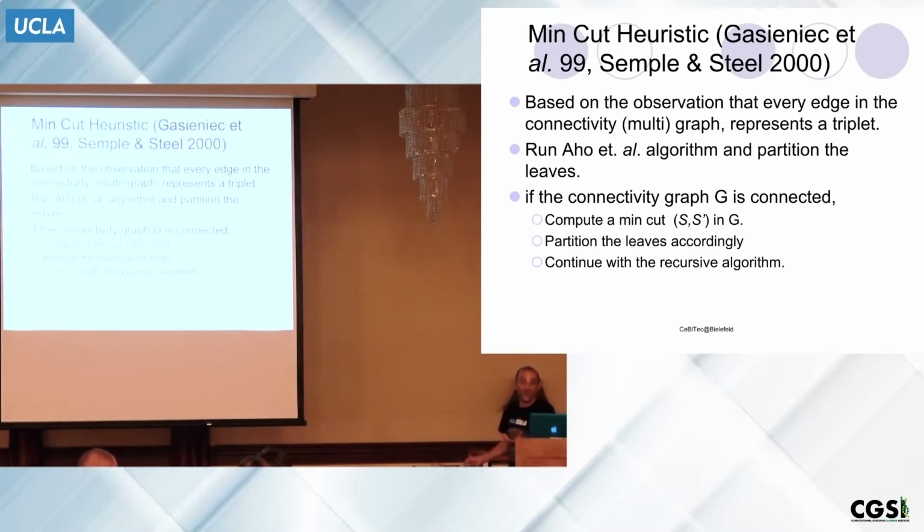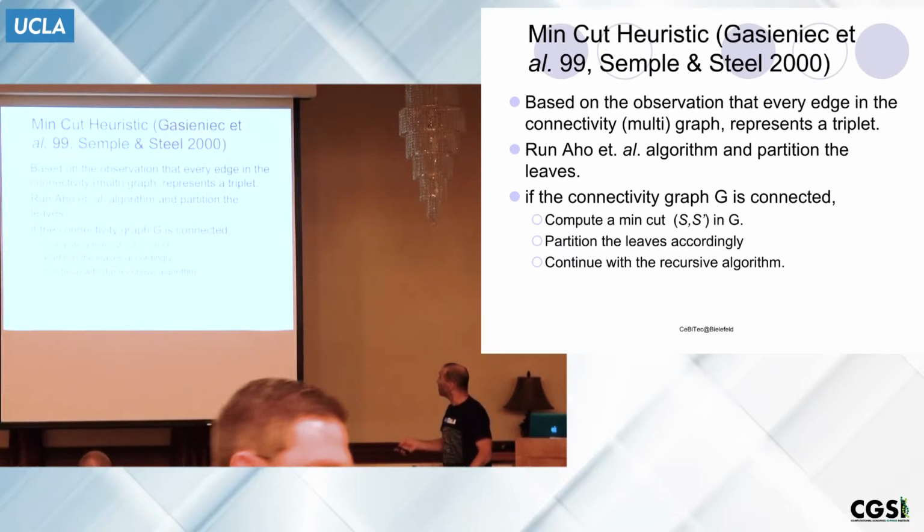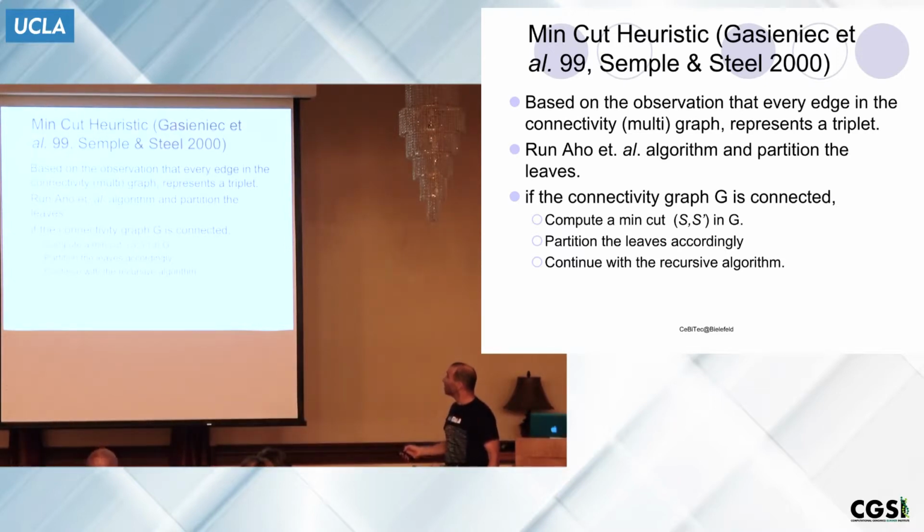So we run the Aho algorithm and partition the leaves. If the connectivity graph is connected, it means, what you just said, that the triplets are incompatible. We just run min cut, remove the minimum number of triplets, partition the leaves accordingly, and continue with the recursive algorithm.